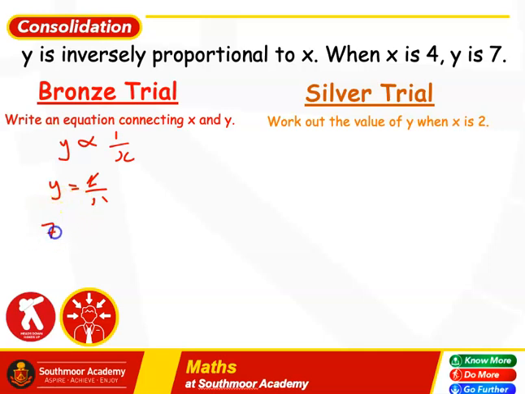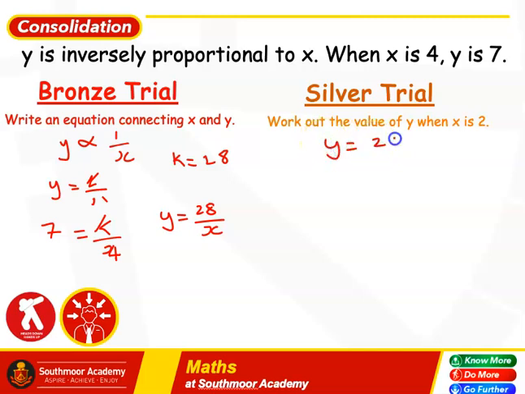Y is 7, so you've got 7 is equal to k over 4. And k then is equal to 28. So our equation, you have y is equal to 28 over x. Now you're going to use this for this question over here.